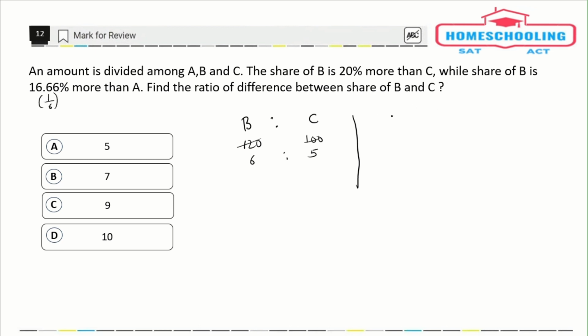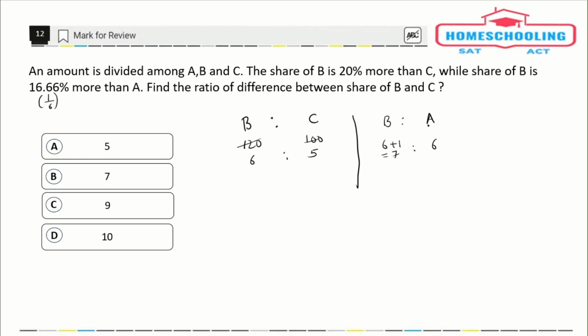So in this question, it is said that B is 16.66 or 1/6 more than A. So let's take A as 6 and B is 1/6 more than A. So that would be 6 plus 1, that would be 7. I hope you're getting this concept.